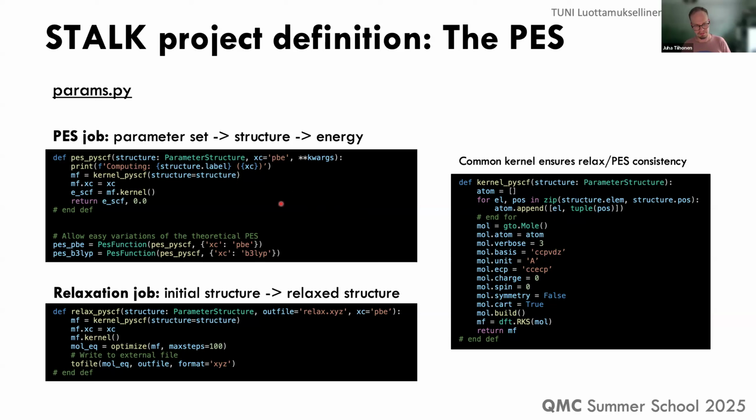I'm not going into details of all these lines. We also need a relaxation job on the surrogate level, where we provide a structure and then relax it using built-in methods such as the optimization, using forces. Then we need to write this to a file and read it, because the I/O is done differently in this mode of operation.